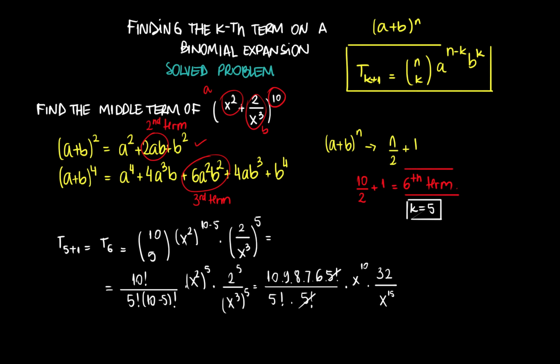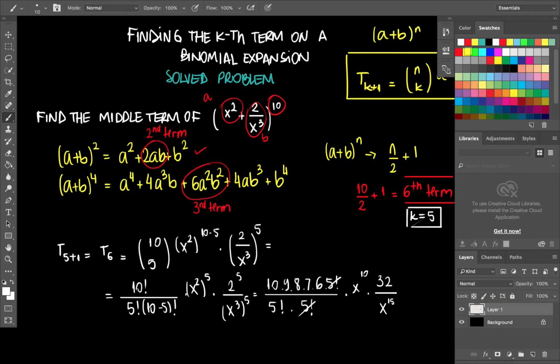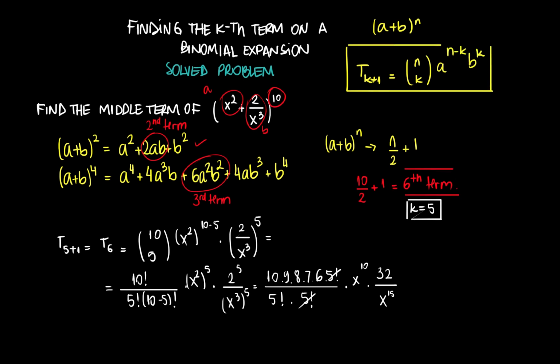So we have 10 times 9 times 8 times 7 times 6. This whole term is equal to 30,240, and 5 factorial is equal to 120. And we have x to the 10th power over x to the 15th power. This quotient is going to be equal to x to the 5th power in the denominator.